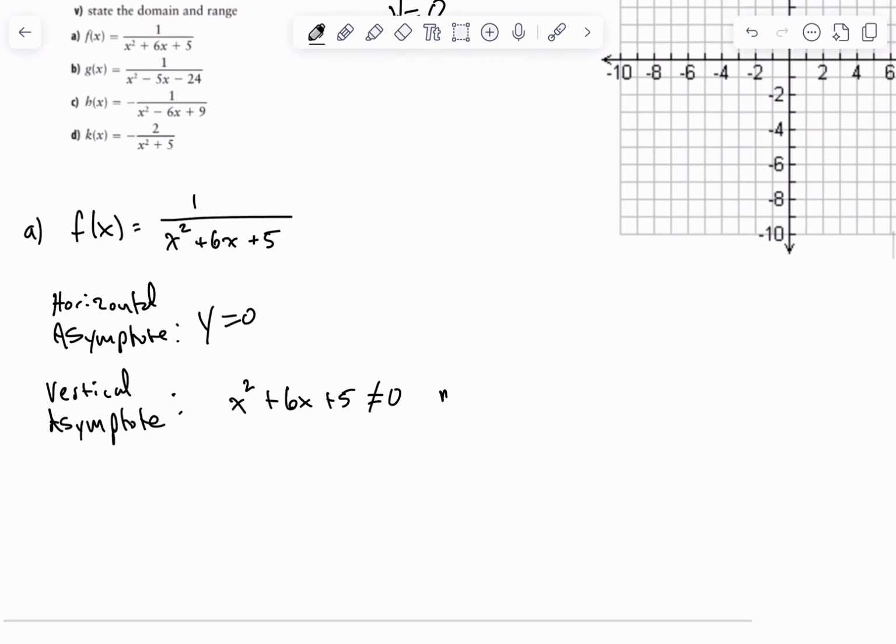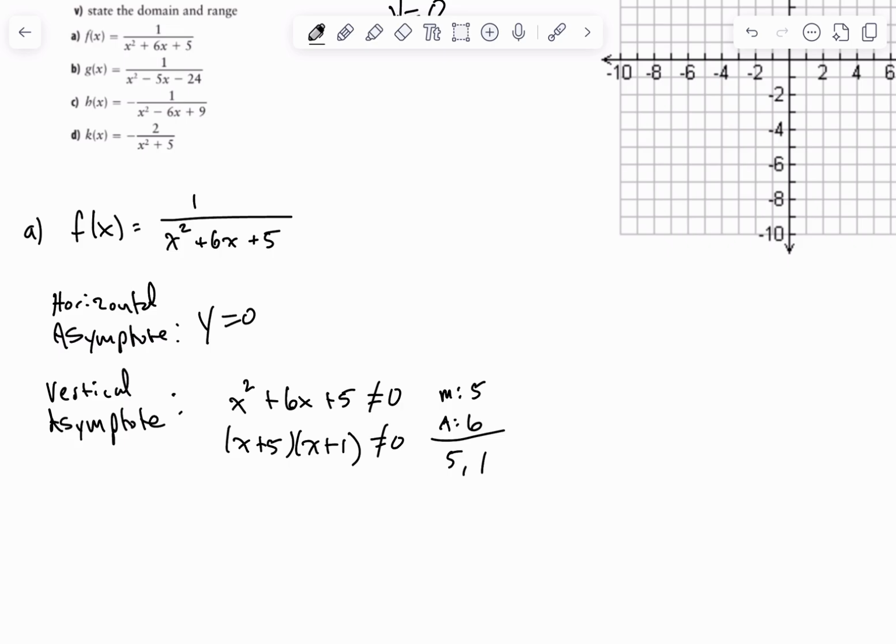I'd be looking for two numbers to factor this and figure out what those x values are going to be. I need two numbers that multiply to 5 and add to 6, so that I can factor the denominator to get the two components that set the denominator equal to 0. Those two numbers are 5 and 1, so I can write the denominator as x plus 5 times x plus 1.